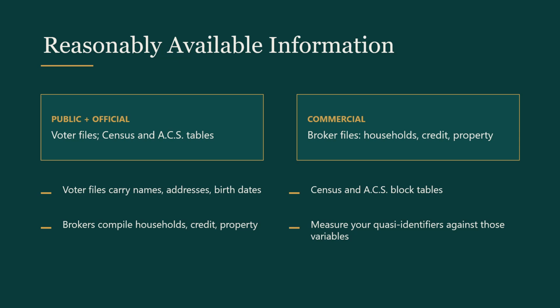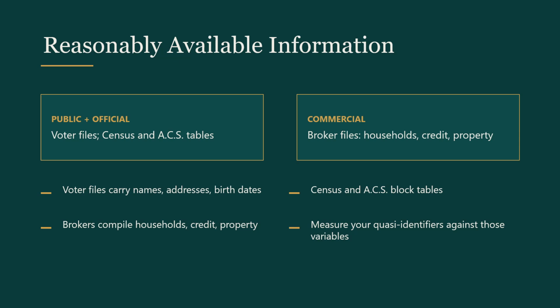They tell you how many people could be confused with each other, which is exactly the capital K you cannot otherwise observe. Tier 3, Commercial data brokers who compile household composition, credit reporting data, real estate transactions, purchase histories, and consumer marketing profiles at a granularity that embarrasses the public registers.